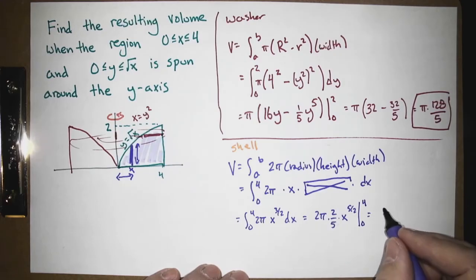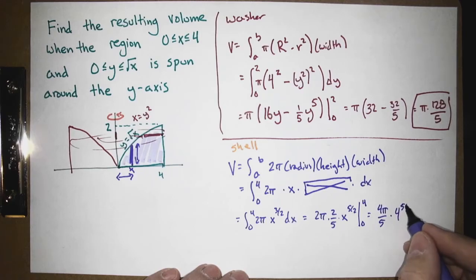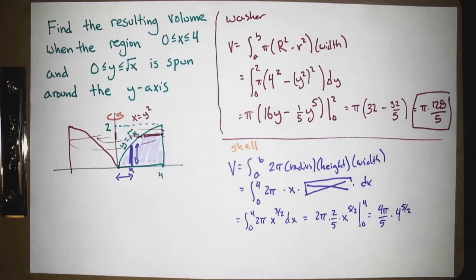So 2 pi times 2/5 is 4 pi over 5, times 4 to the 5/2. Now that's not too bad. We say 4 to the 5th is 1,024, and then you take the square root of that. The square root of 1,024 is 32, right?